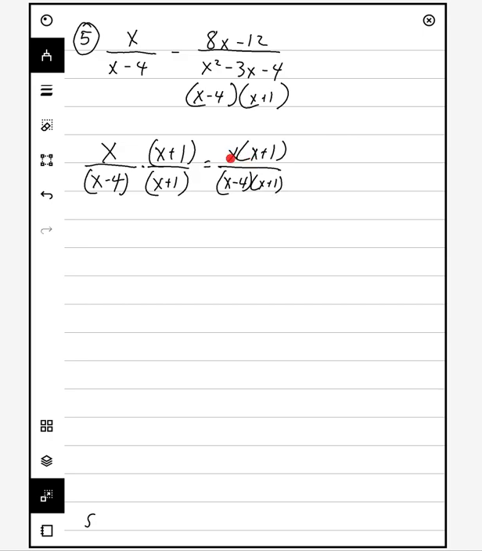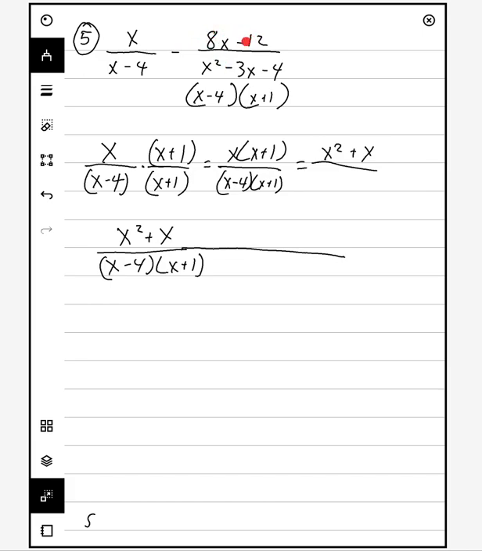And if you were to distribute this, you would get x squared plus x. Okay, cool. So now you can subtract this side and this side together. All this side is now x squared plus x over x minus 4, x plus 1. The good thing is we don't have to write that all over again because this is all going to be over the same denominator.